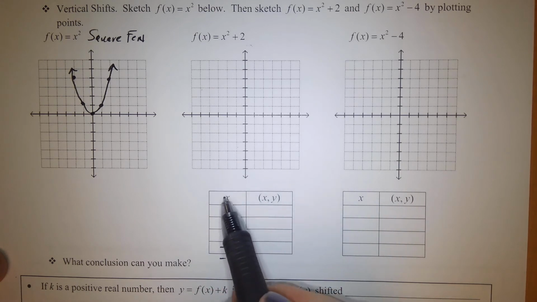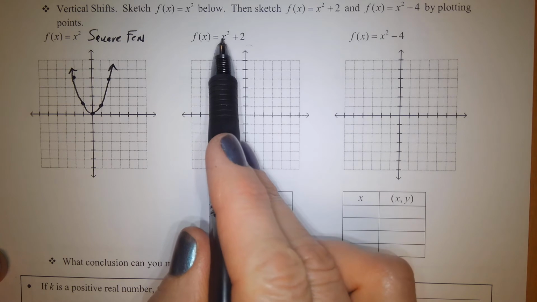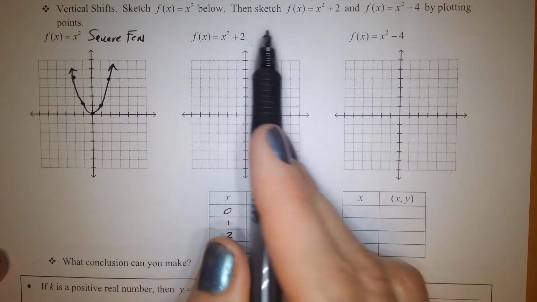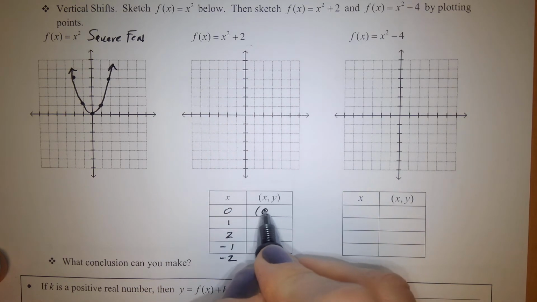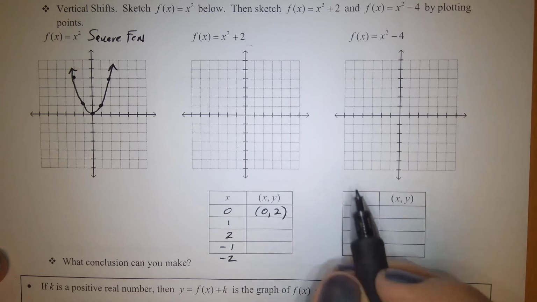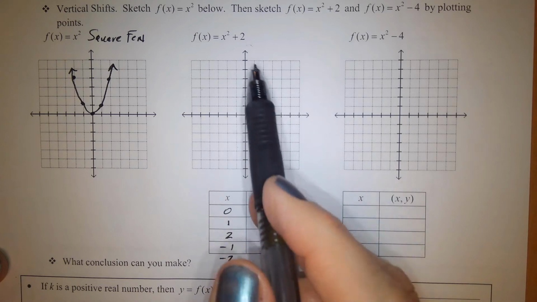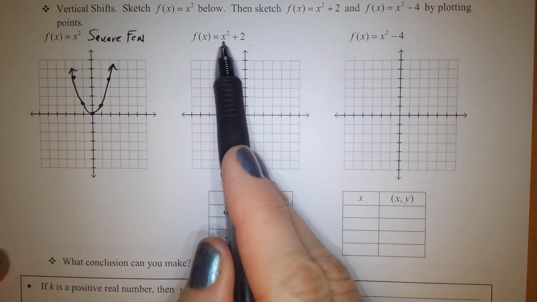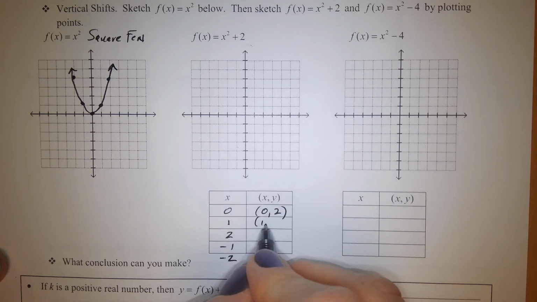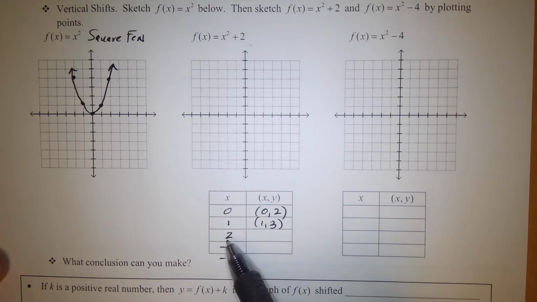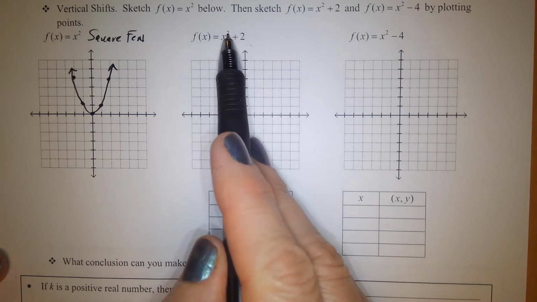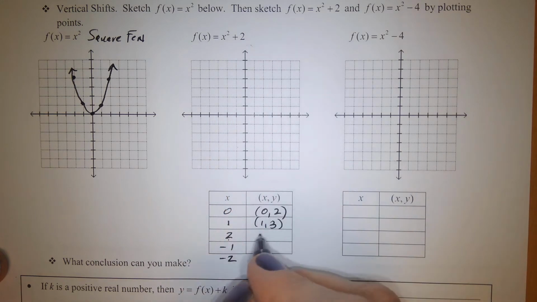If I plug x is 0 into x squared plus 2, 0 squared is 0, plus 2 is 2. So I'll have a point at 0, 2. If I plug in a 1 for x, 1 squared is 1, plus 2 is 3. If x is 2, 2 squared is 4, plus 2 is 6.